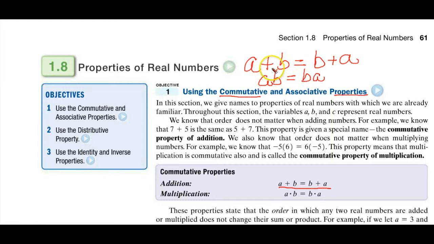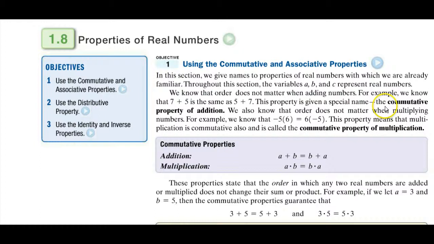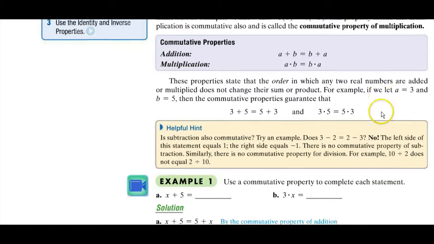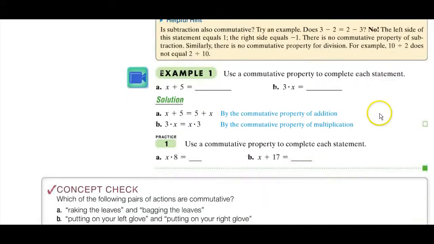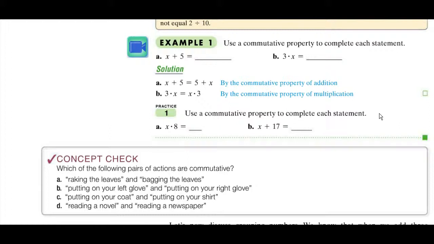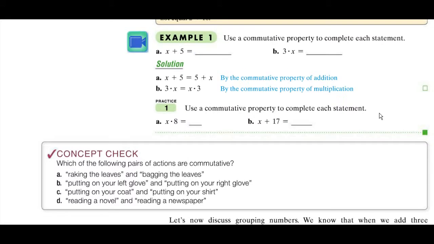So we are now allowed to do this at any time because it's an accepted, proven policy in math. So they will ask you in your examples, practice to use the commutative property to complete each.